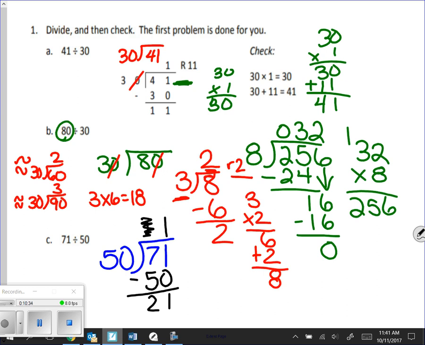So it's 1 with a remainder of 21. Now I can check it. So 50 times 1 is 50 plus 21. 0 plus 1 is 1. 5 plus 2, 7.